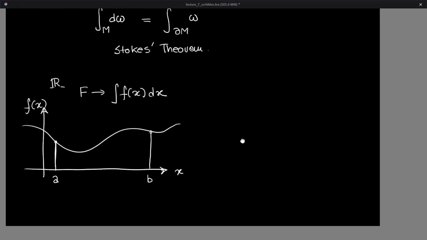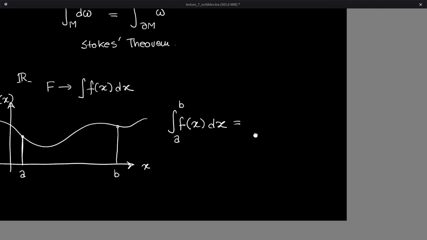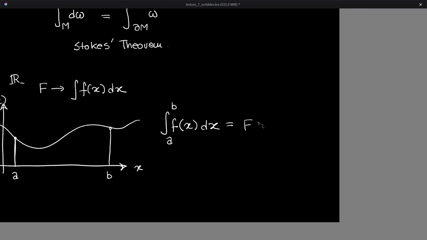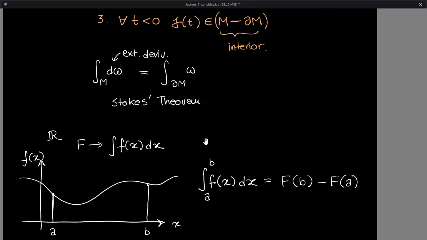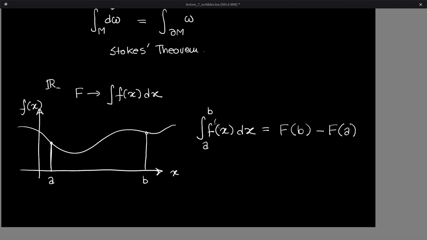The fundamental theorem of calculus says that the integral of f of x dx from a to b is equal to the antiderivative at b minus the antiderivative at a. And if you look at Stokes' theorem, this is exactly the same thing. Sorry, this should be a derivative.